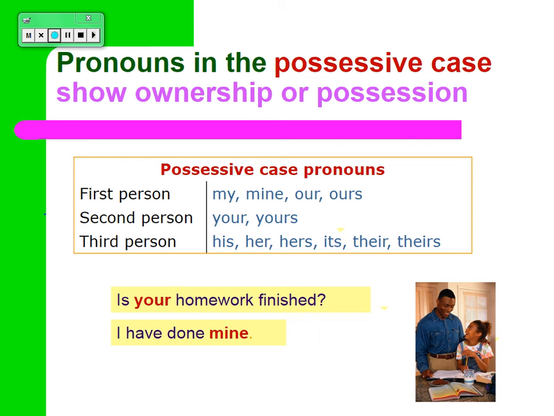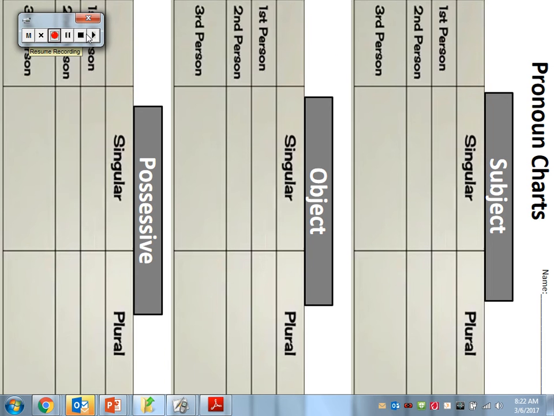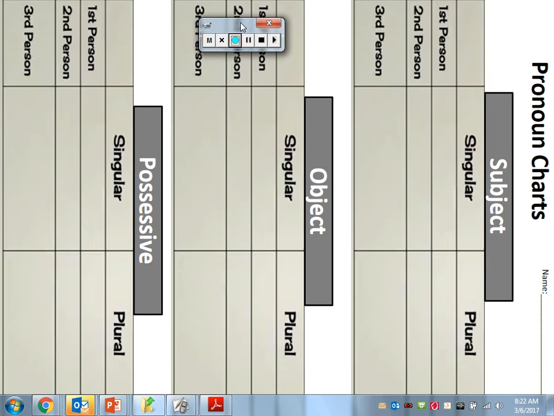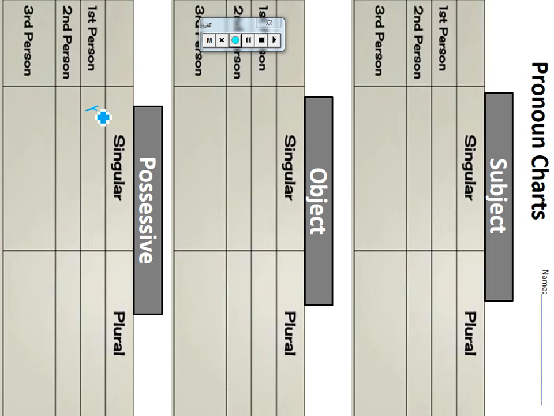And then the second one, I have also done mine. And then mine would be the possessive pronoun. Okay, so in our possessive gray chart for first person, for singular, talking about just one person, we have my and mine.